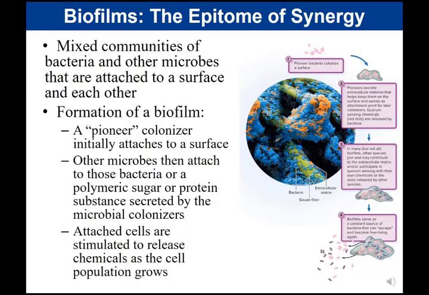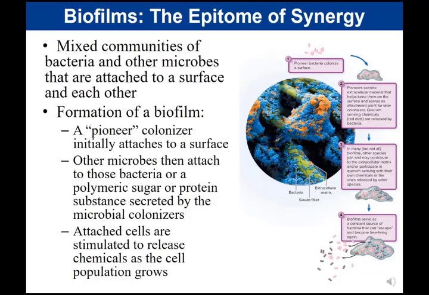And so again, the way that this biofilm is going to form is that some pioneer bacteria is going to attach and colonize the surface. So an example could be on teeth, for example. Strep mutans can bind to the surface of the teeth, and that could be your pioneer.